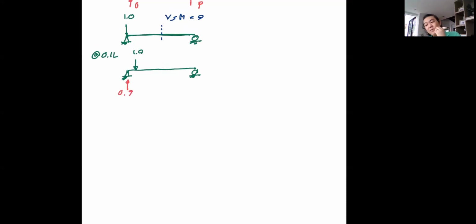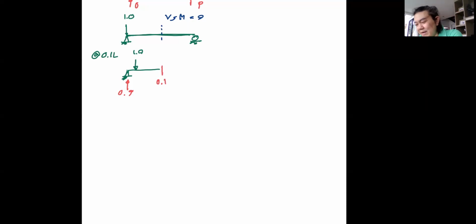Now, if you want to know the shear and the moment at midspan, allow me to cut the free body diagram by removing this. And now that doesn't look like 0.9. So here is 0.1.